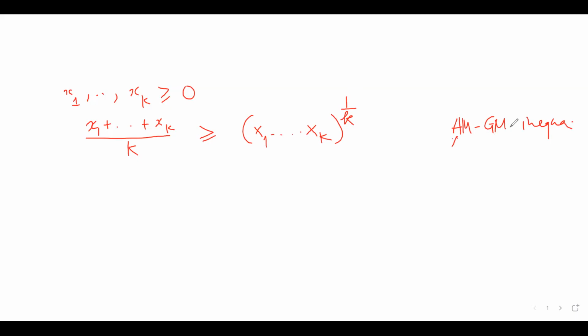The inequality that I think you already see many times is k equal to 2. And you get this way. Now since the x's are positive, you can write x1 as a square and x2 as b square.